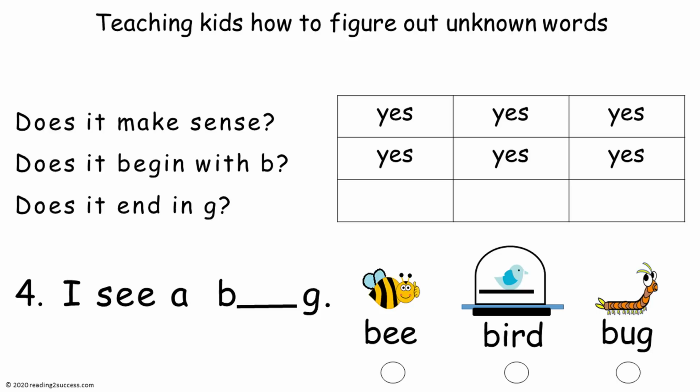No, bee does not end in G. No, bird does not end in G. Yes, bug ends in G. The word bug has all yeses. It makes sense. It begins with the letter B and it ends with the letter G. So let's read the sentence. I see a bug.